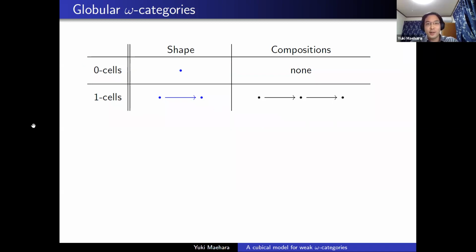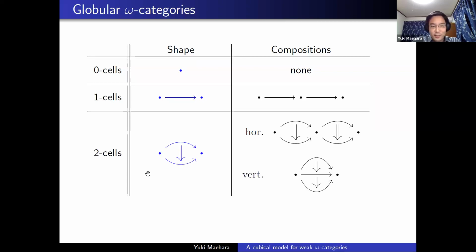If you have an ordinary category, then that's it. But if you have a two category or more generally an omega category, then we can have two cells between a parallel pair of one cells, which you can compose either horizontally along a common zero cell or vertically along a common one cell.